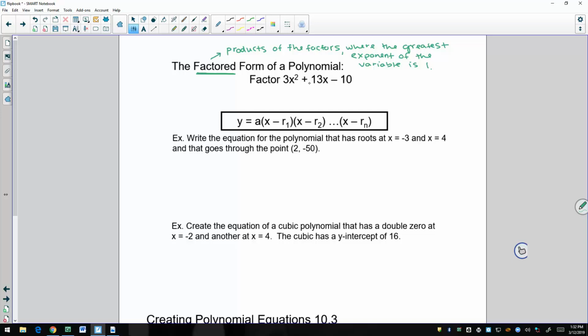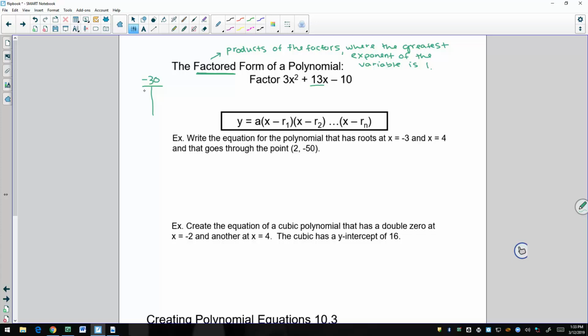Now think back to when we did quadratics. You guys know how to factor this. For this particular one, first we checked for a GCF, which there isn't one. Then we did split the middle, but remember you multiply the 3 to the negative 10, so that's negative 30. And then you picked a pair of factors that multiply to negative 30 but add to 13. So that's going to be 10 and 3. And you want positive 13.